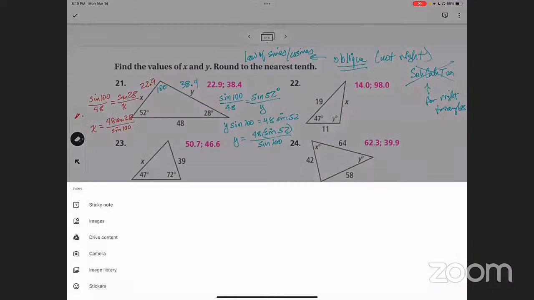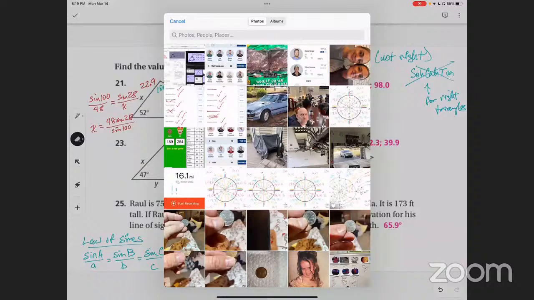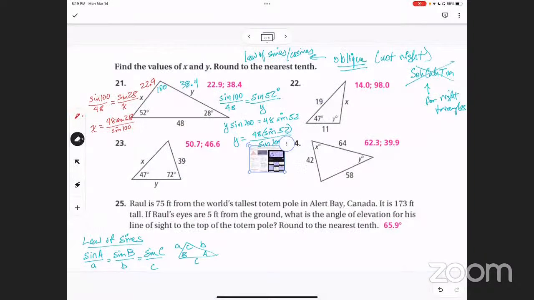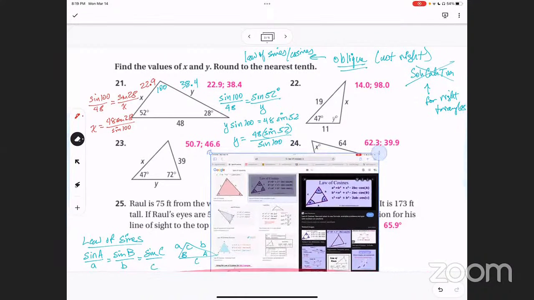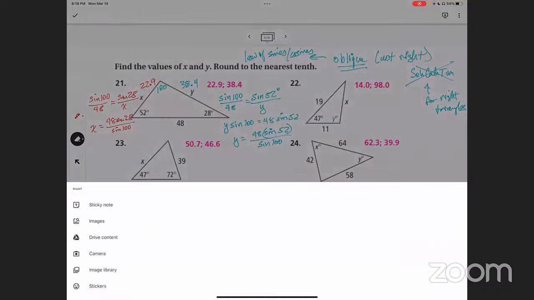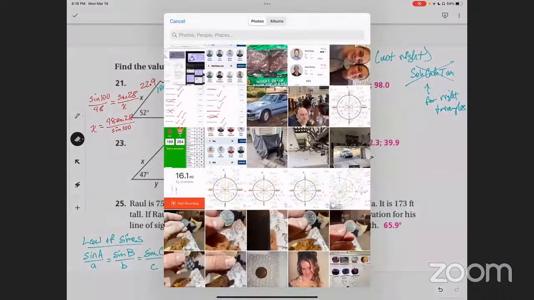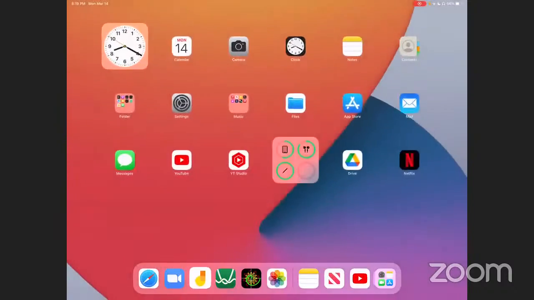Let's add this from my image library. Huh, it's weird. Didn't I take an actual screenshot of it? The screenshot didn't save.